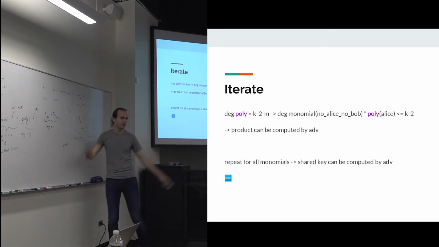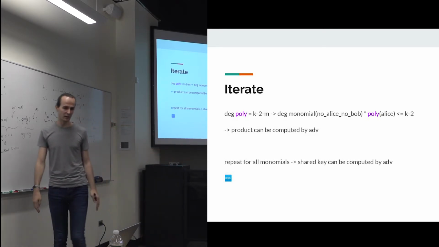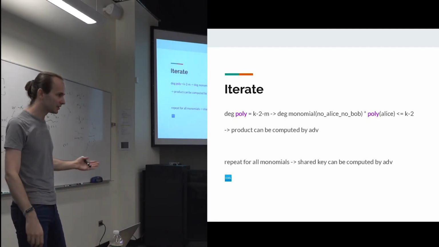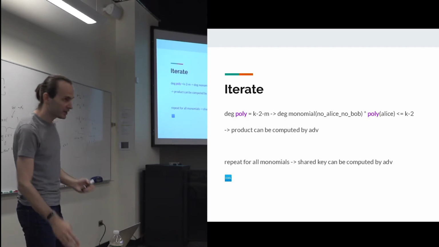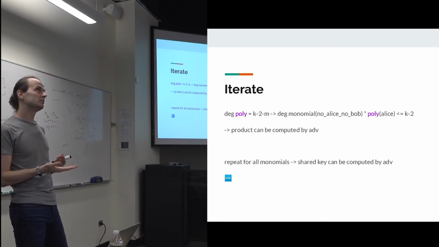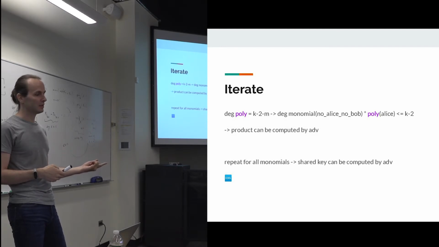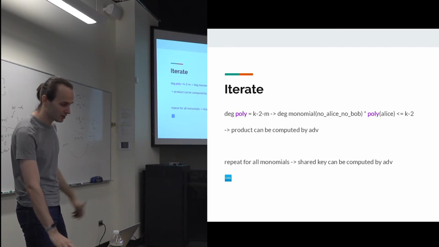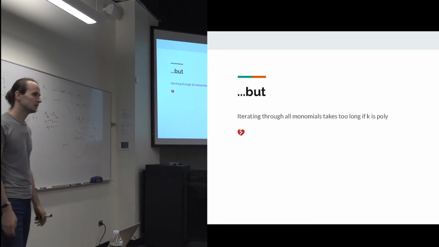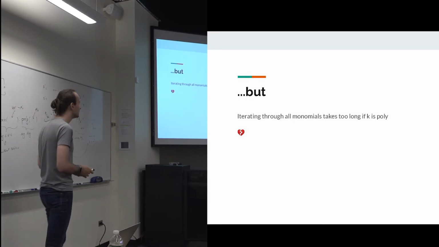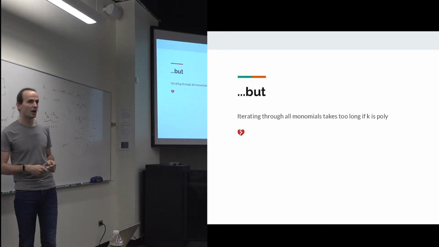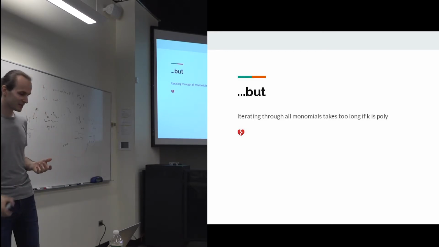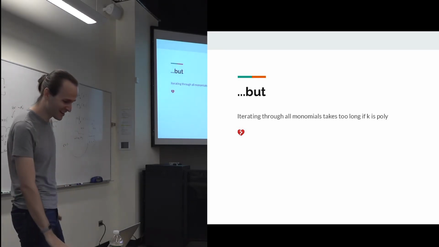So do it for all monomials, and you're done. There is a representation of degree less than or equal to k minus 2 that the adversary can use to reconstruct the shared key, just using the k minus 2 linear map. And this is the issue: there are too many monomials if k is not polylog. So I guess this is the failure, but since I said that it was bounded, then it should be fine.